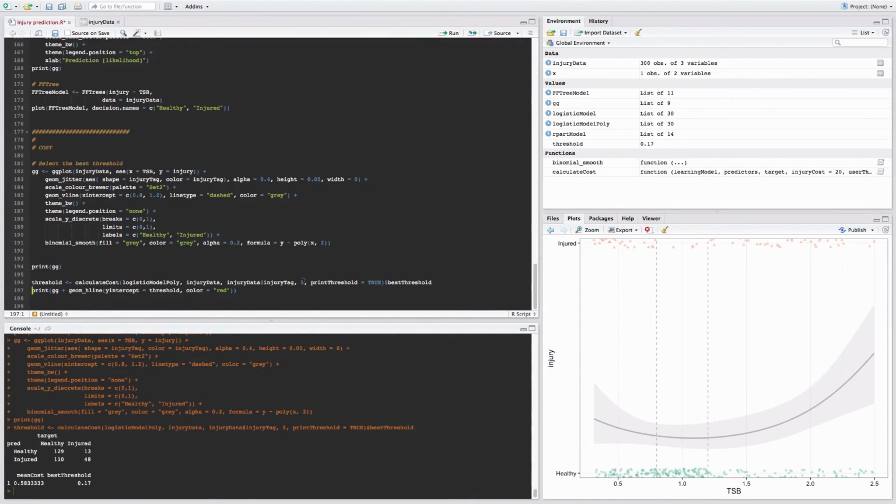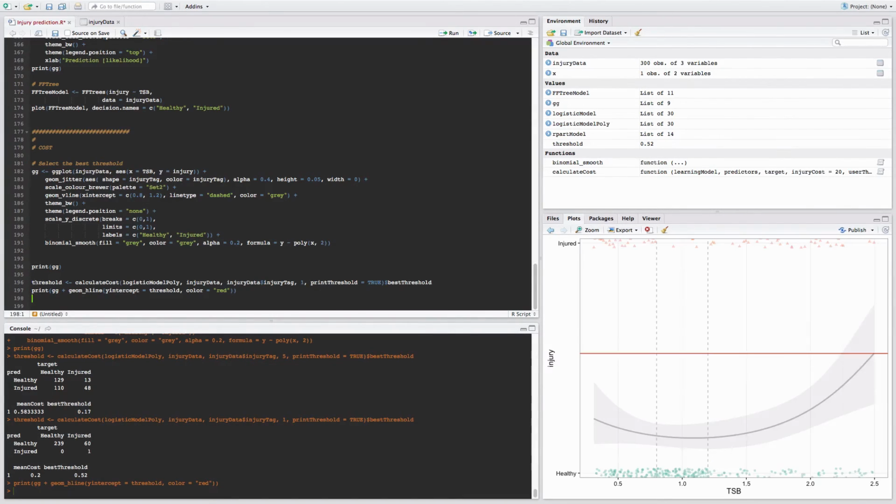So for example, if calling someone healthy when he actually ends up being injured, and the ratio between that type of error and the error of calling someone injured when he actually is healthy is 1 to 1, the best threshold is 0.52.